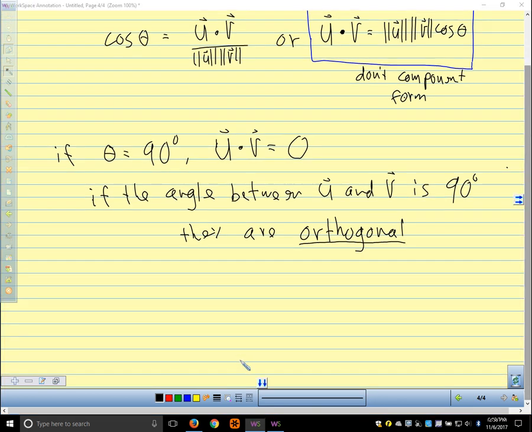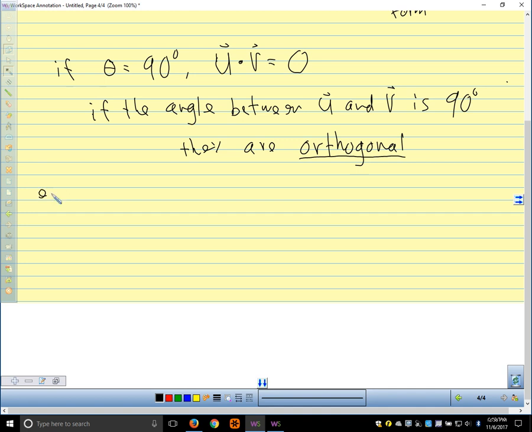All right, the kind of problem that you might see that has to do with this is, the question might say, are u, which is negative 4, 2, and v orthogonal?